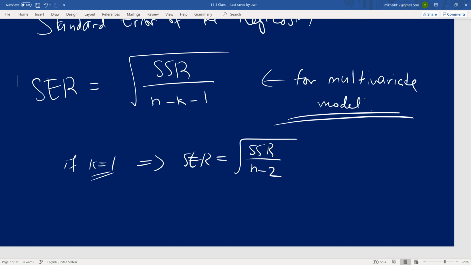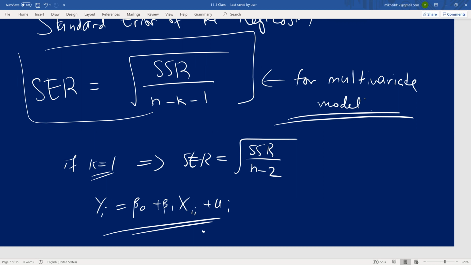Do you agree with this? But when k equals 1, what is the model then? Bivariate. See? This is a general expression for the standard error of the model. And this is the special case.